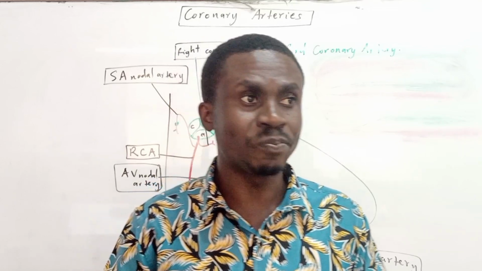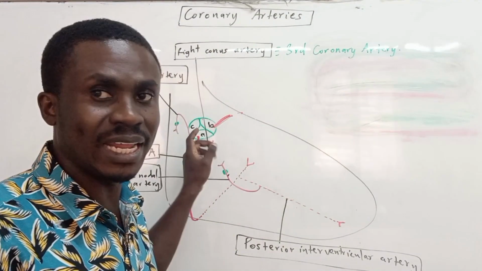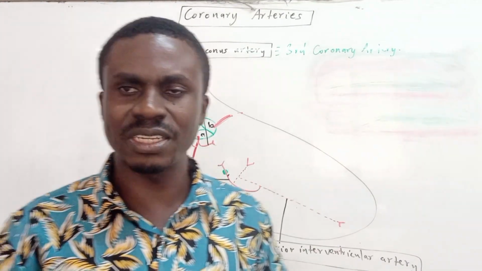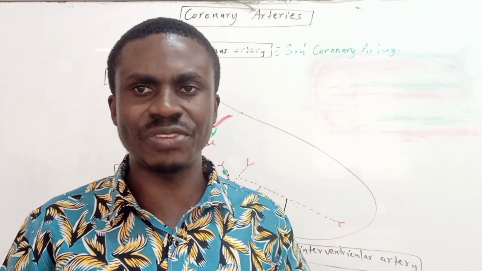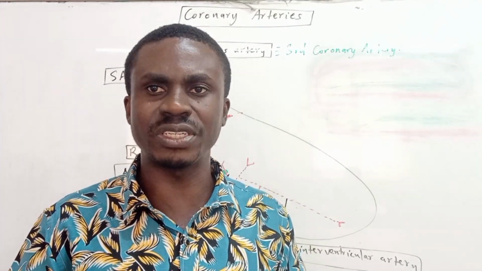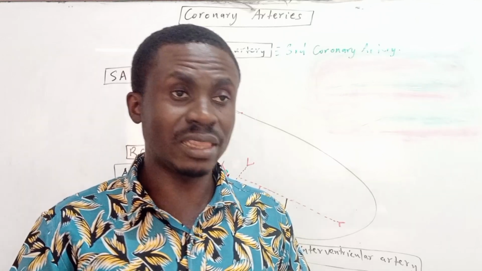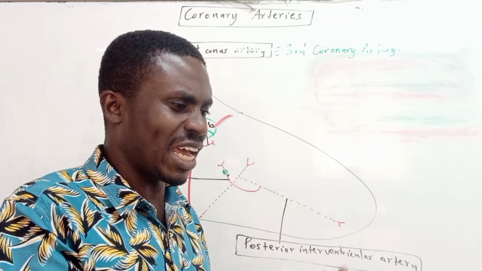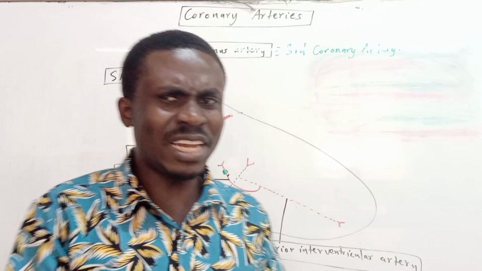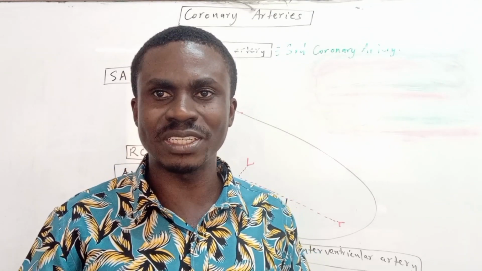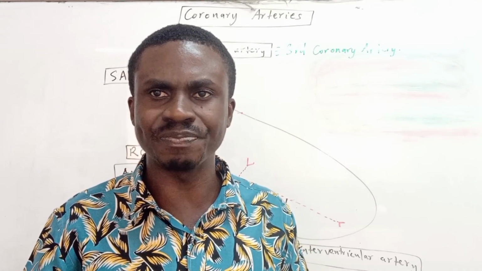Of course, we know the pacemaker cells are there, conducting throughout, getting to the bundle of His, the left and right bundles, eventually the Purkinje fibers, supplying the walls of the ventricles and all that. Then the question is, if I take an animal's heart out, you see that the heart will still be beating for some time and later it stops. Why do we see this phenomenon?